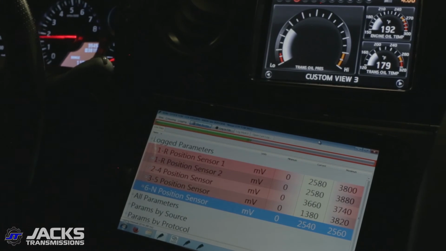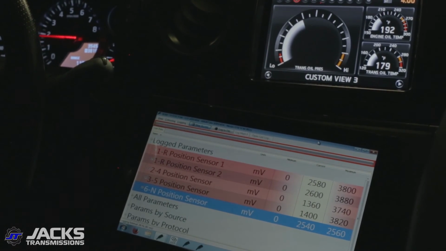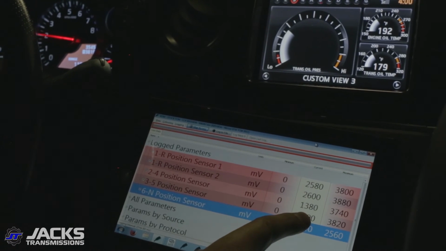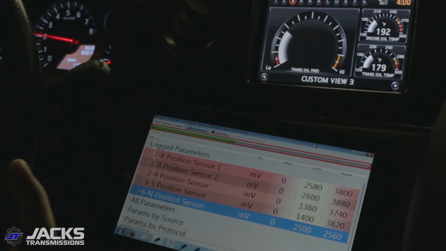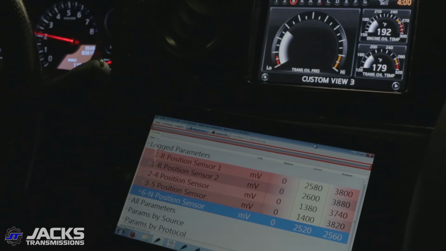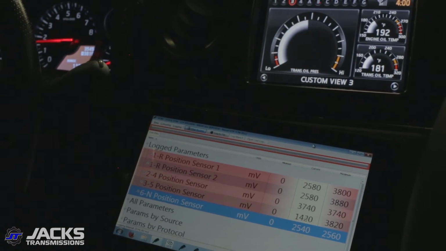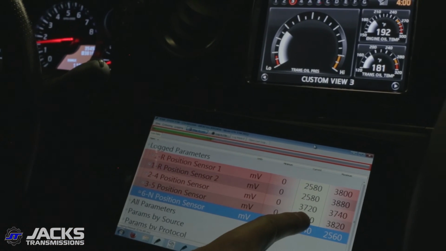So let's downshift from third gear back into second again. So now that we're in second, you can see the voltage is low again because we have second gear engaged. So the magnet and piston is actually furthest away from the sensor. We engage third, and now it went from second to fourth.